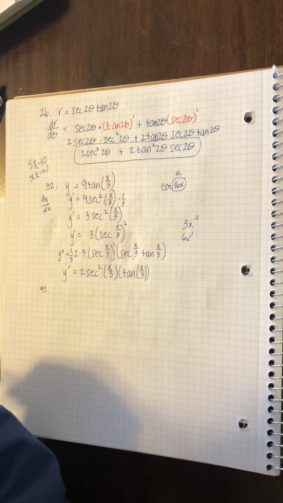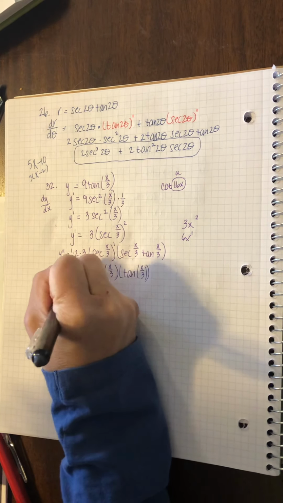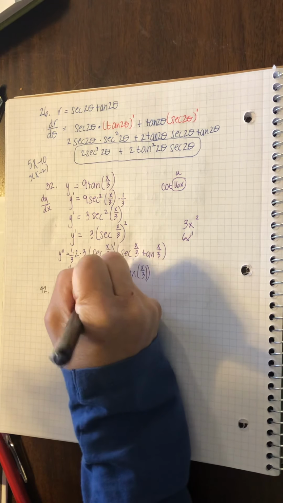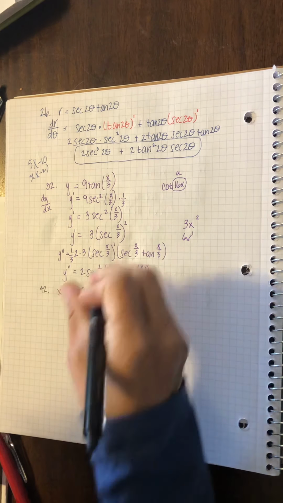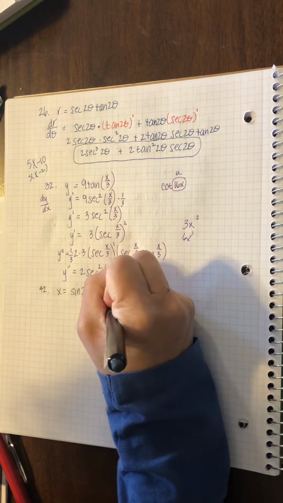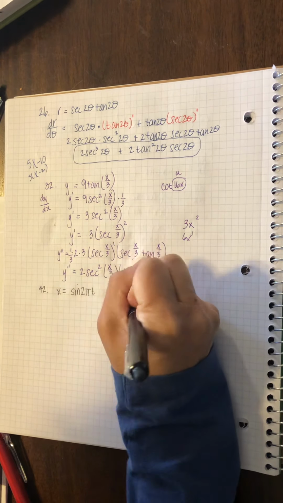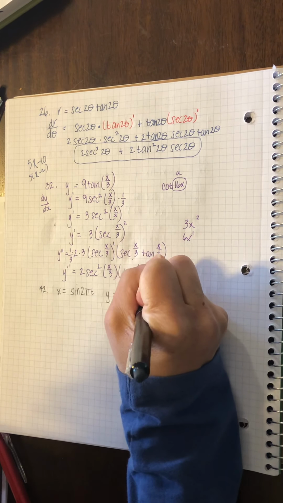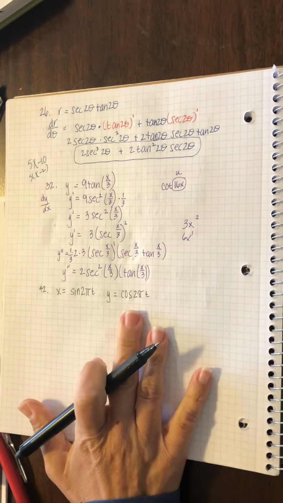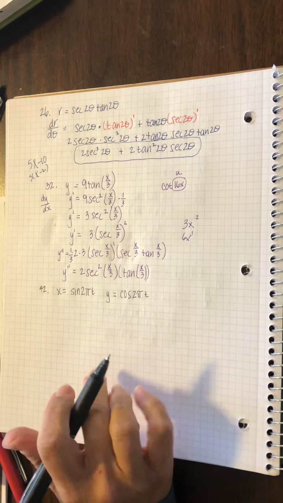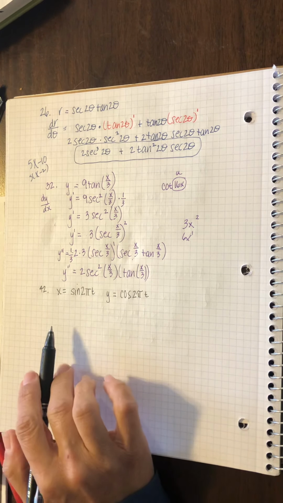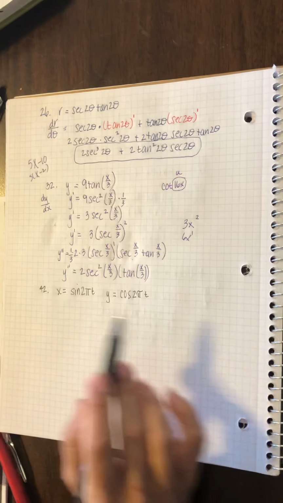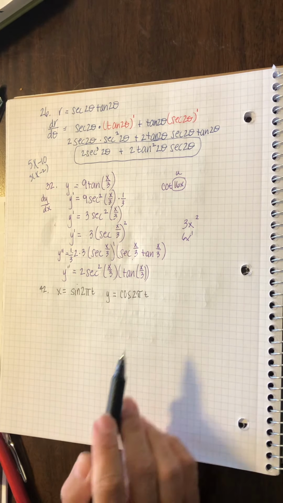So 42, we have two different equations. We have x is equal to the sine of 2 pi t, and y is equal to the cosine of 2 pi t. This gave me some trouble when I first did the problem because on the unit circle, x is cosine and y is sine, and I was like, why are all the sines and the cosines mixed up?